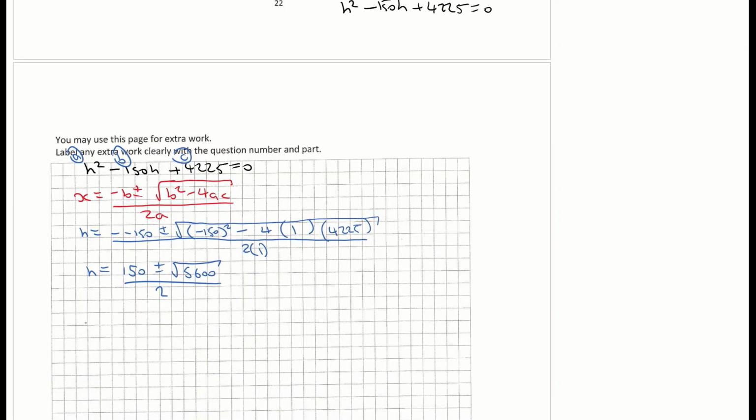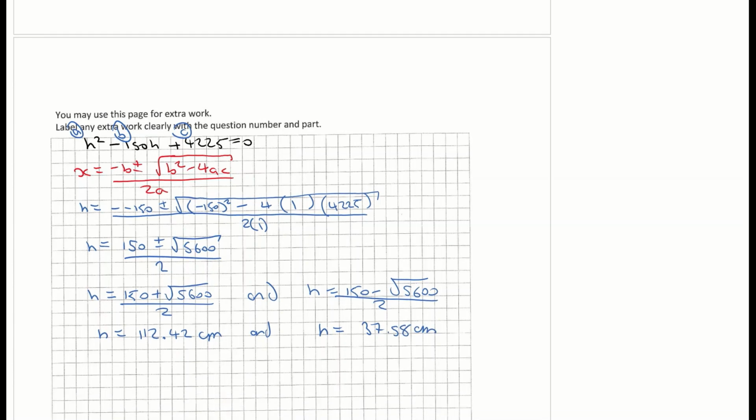So solving this, I get h is equal to 150 plus the square root of 5600 over 2, and h is equal to 150 minus the square root of 5,600 over 2. Working both of those out, I get h is equal to 112.42 centimeters, and I get a height of my block of 37.58 centimeters.